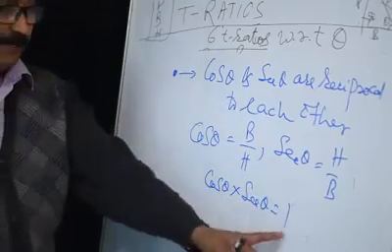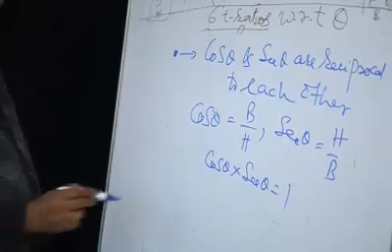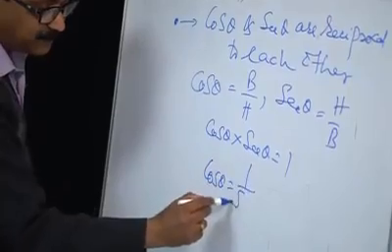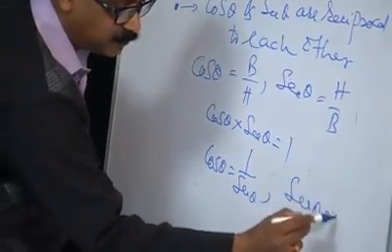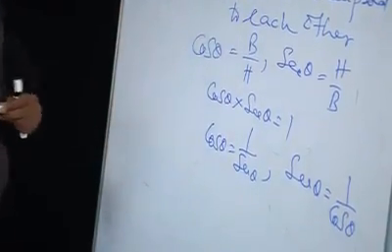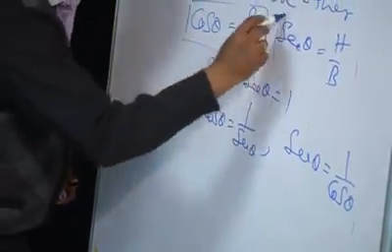In place of 1 you can use this directly, or in favor of this you can use 1 also. And from there, we get another 2: cos theta is 1 by sec theta, and sec theta is 1 by cos theta. Clear? So these we can also use as identities, as a formula.